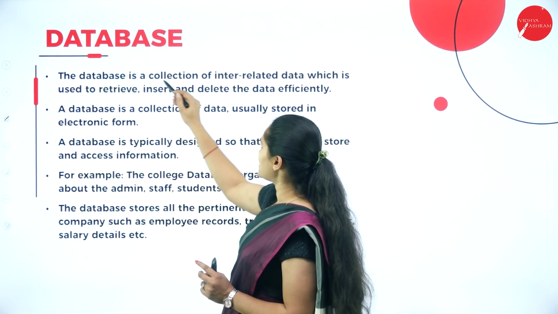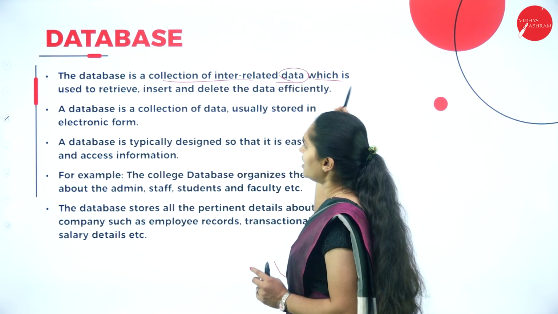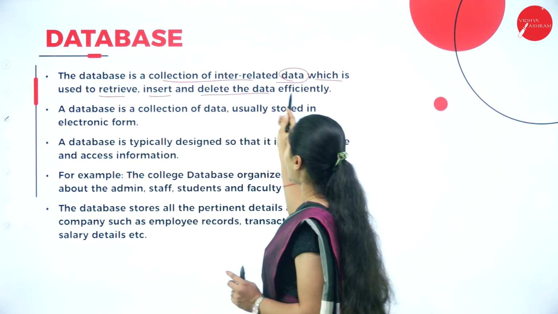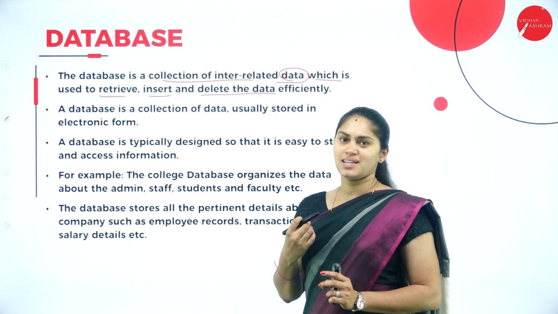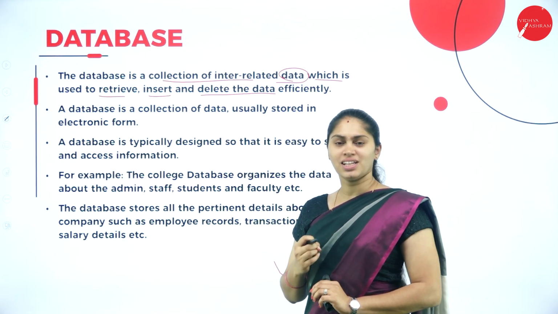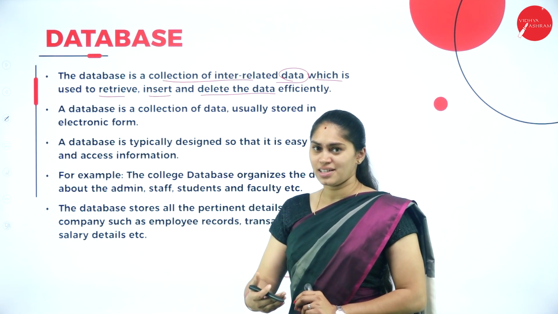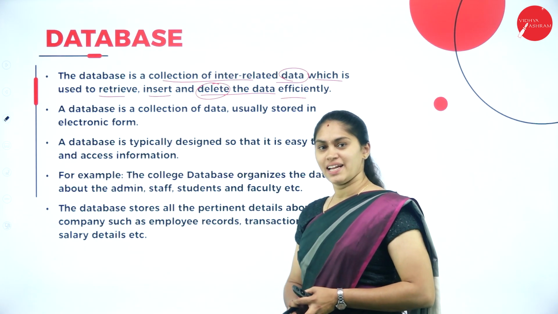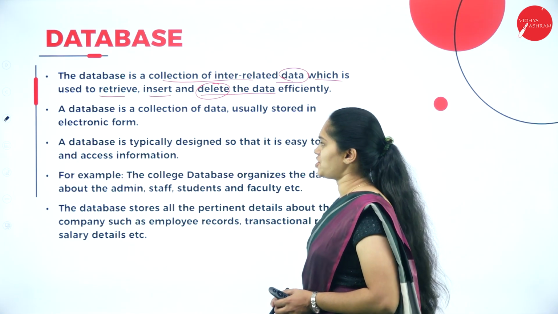So here database is a collection of interrelated data which is used to retrieve, insert and delete the data efficiently. This database allows us to retrieve, that means we are fetching the data from there, and we are also inserting some data. There we are going to delete the data with efficiency.